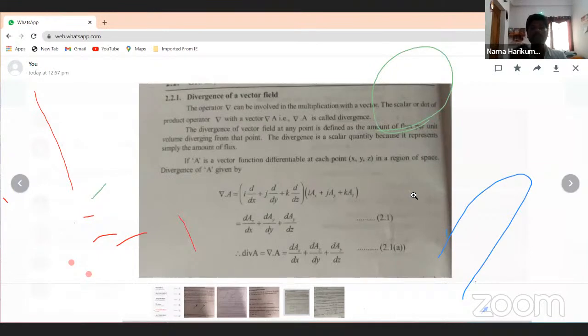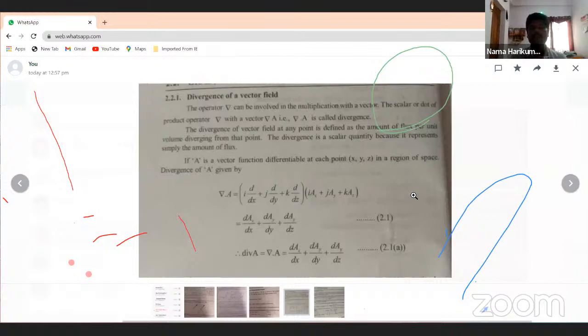Del means i into d by dx, magnitude and direction along the x dimension, plus j into d by dy along the y dimension, plus k into d by dz, that is the z dimension value. In the same way, that is the del operator.